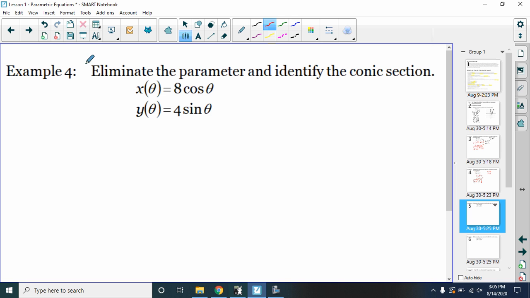Moving on. Example 4. Again, it asks us to eliminate the parameter. This time it asks us to also identify the conic section. I wouldn't worry too much about that. Our equations are x equals 8 cosine theta and y equals 4 sine theta.